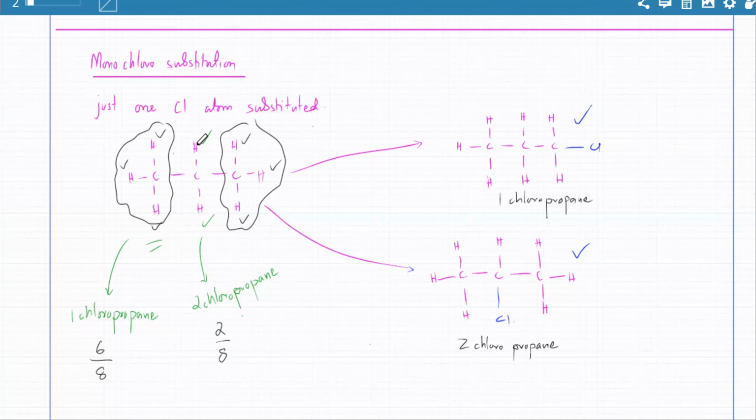So the probability of 1-chloropropane is 3/4, which is 75%, and the probability of getting 2-chloropropane is 1/4, which is 25%. Okay, is this clear?